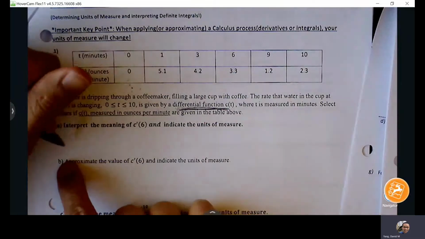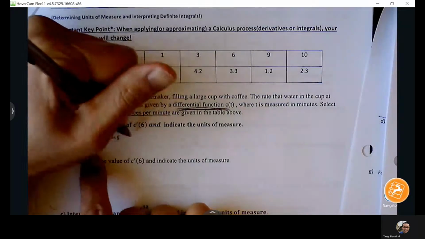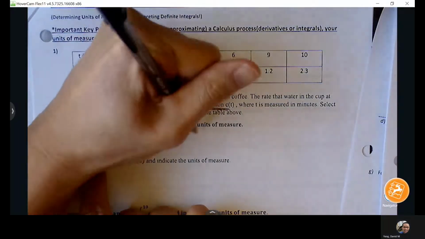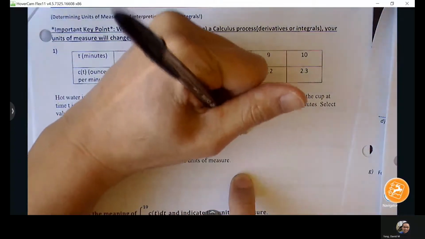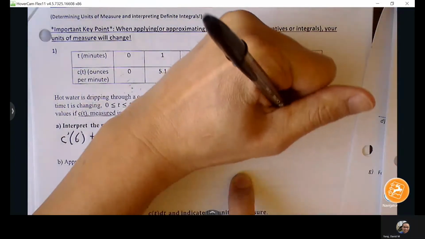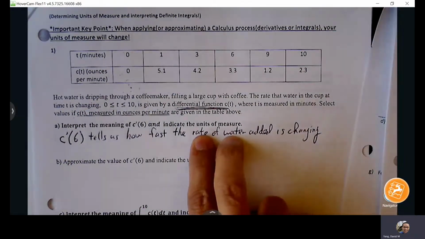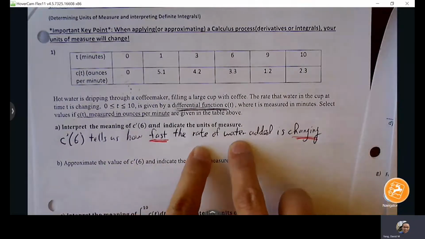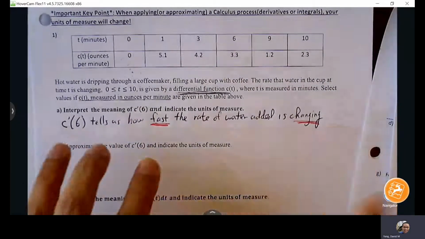Okay, so like what David said here, C prime of 6 tells us how fast the rate of water added is changing. Okay, so look at that language there. You have rate of water, but you're doing the rate of change of that water, of that rate, right? You're finding the rate of that rate, but you want to be able to say it in this way.